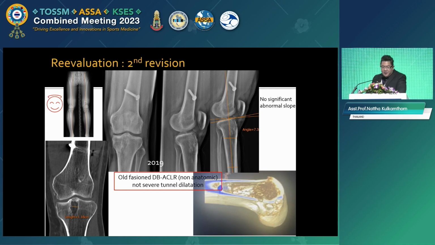So we re-evaluated. The tunnel is okay, no associated ligament injury, and maybe the graft that I put, even though it was infected, is okay.